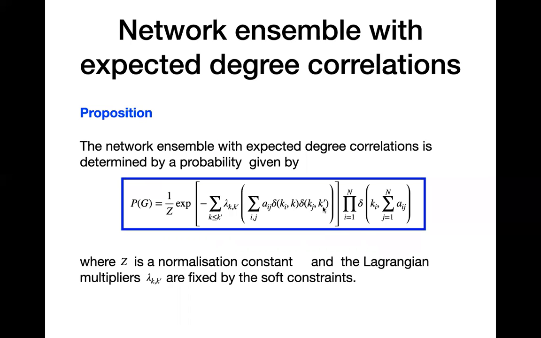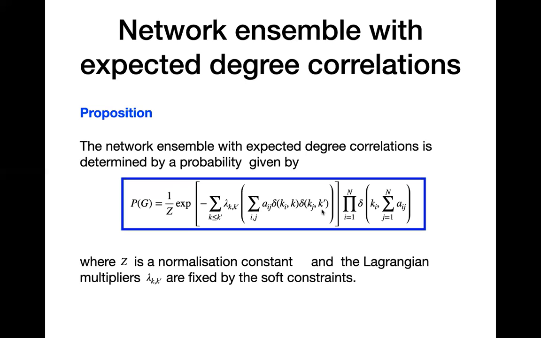And as I mentioned, the hard constraints are really fundamental because this constraint on the number of links between nodes of class k and nodes of class k prime is only defined if we really know for sure what is the degree of node i and the degree of node j for every i and j.